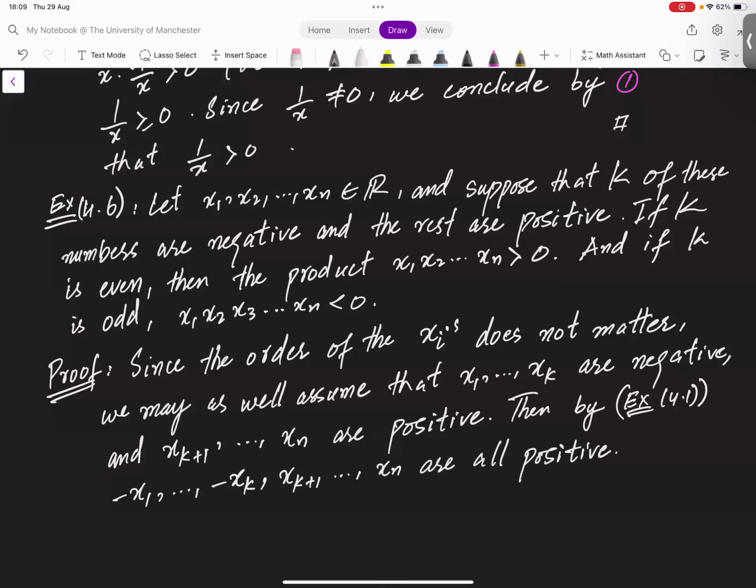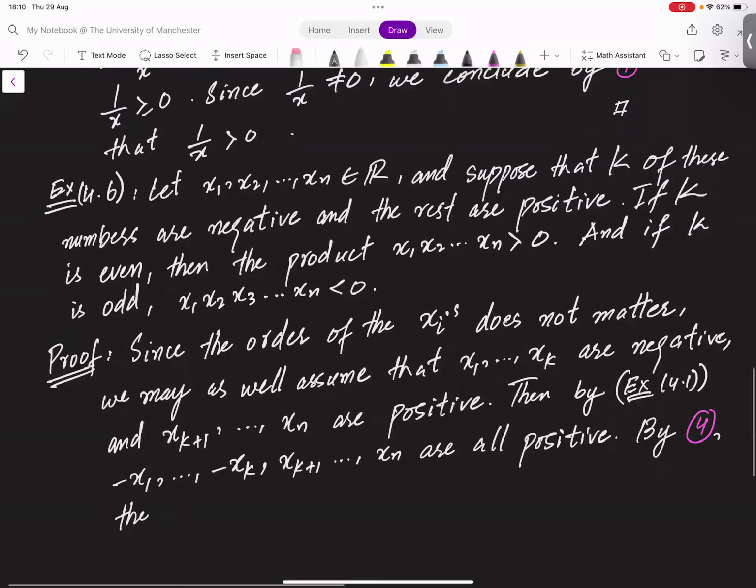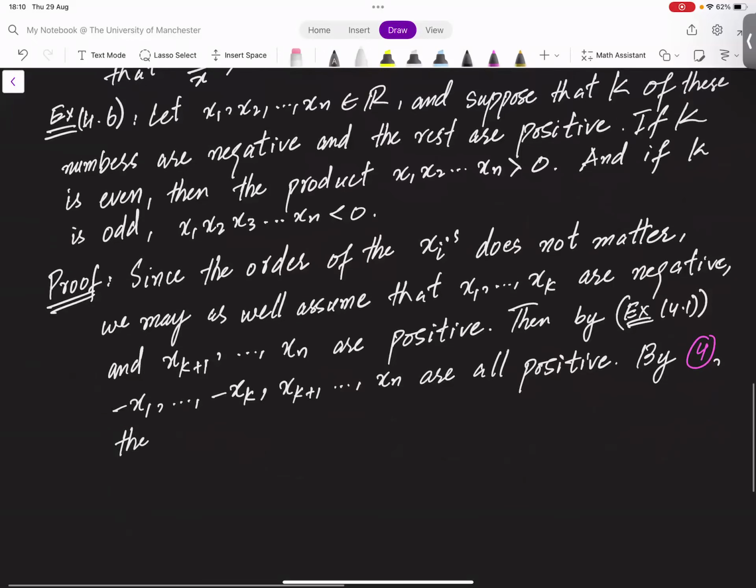By rule 4, the product of all of these is positive.